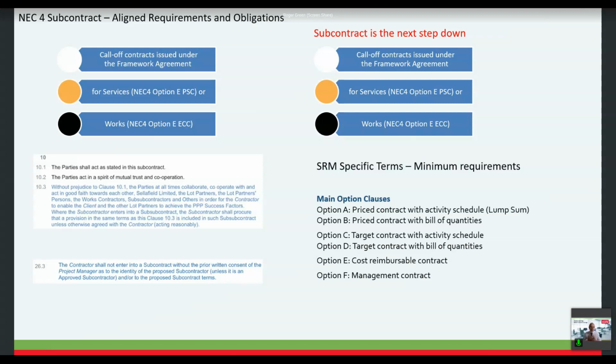So from our point of view, each time we appoint a supply chain partner, we have to get that approved by the PPP. And because we've already got these terms passed down in the contract, apart from our SRM specific terms, they will understand that the entire contract has been procured in light of the same terms that we've got within our contract. So it gives the client confidence that we're all working to the same aims and the same ambitions.